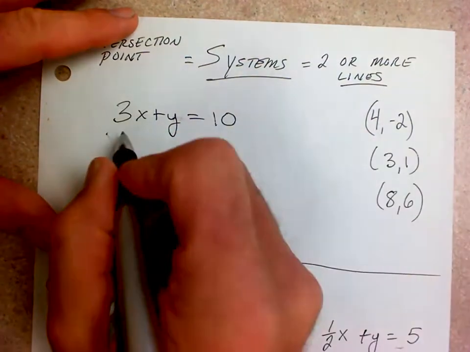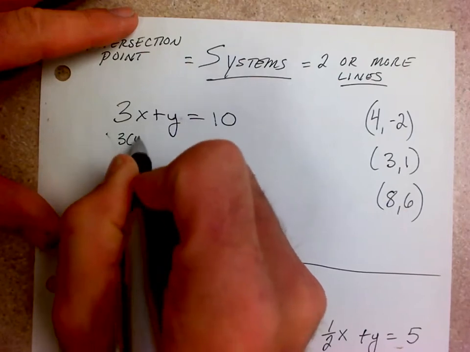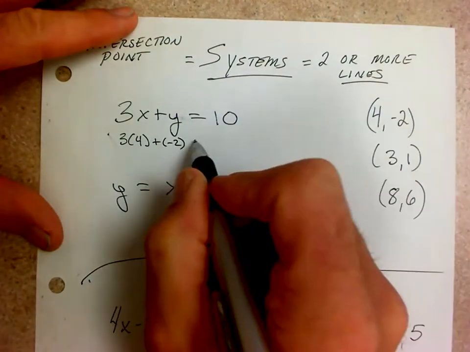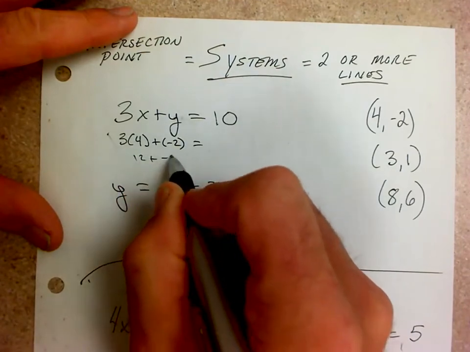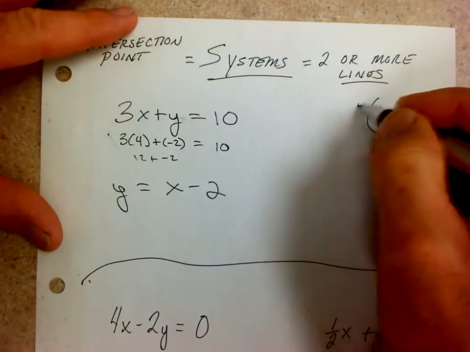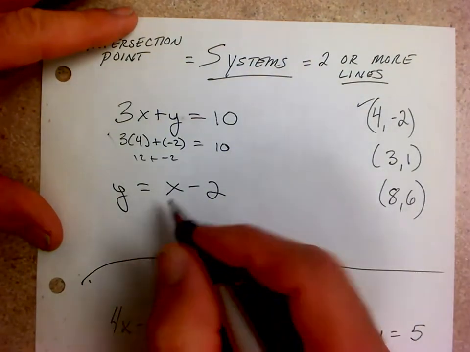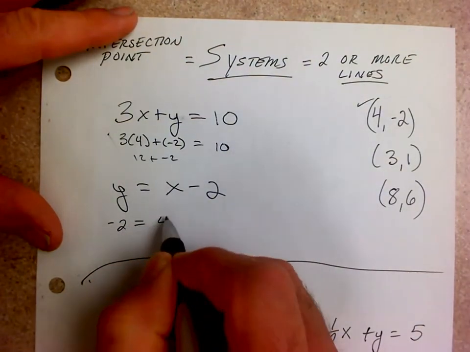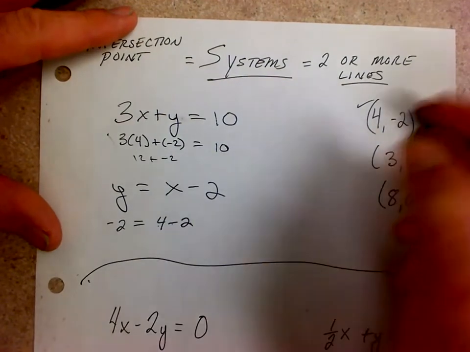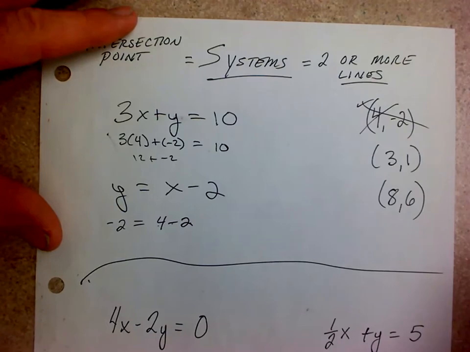For example, 3 times 4 plus negative 2: 12 plus negative 2 we definitely get 10. So that works for the first equation, but if we come down here and substitute in our values, 4 minus 2 is definitely not negative 2. So that one's wiped out.